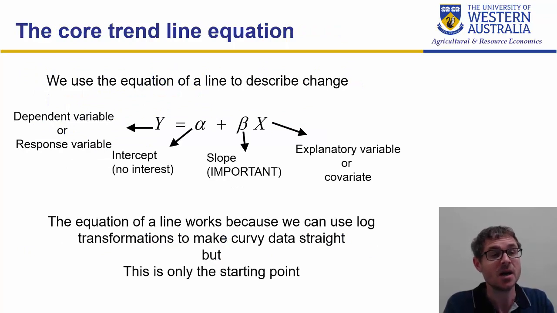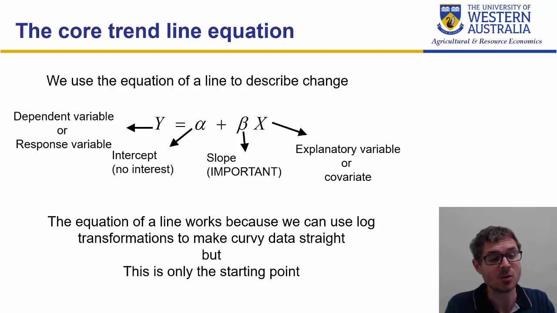Quick reminder, getting it burned into everyone's mind. Okay, yes, we know the equation of a line. In regression analysis, we use some specific terms to describe things. The intercept and the slope are the same, but the thing that we place on the vertical axis, the y value, we call the dependent variable or the response variable.